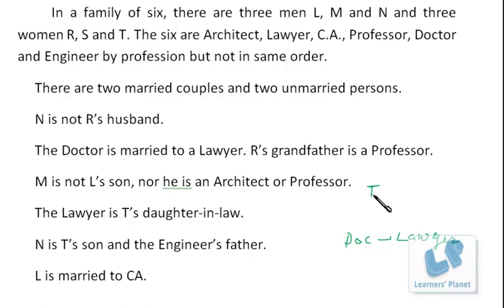So the other married couple should obviously be here with T, because lawyer is T's daughter-in-law. Now that means T should be married, right? Now T should be married to L, right? And L is married to CA. So T should be CA, right?